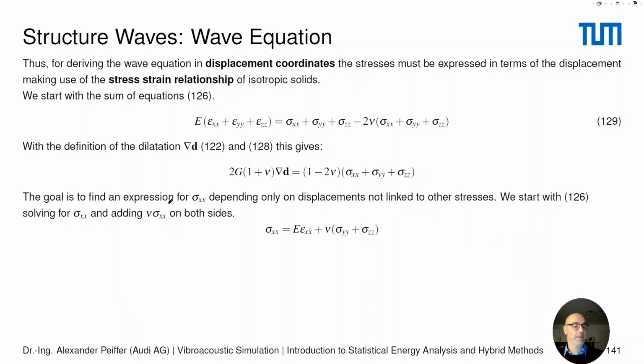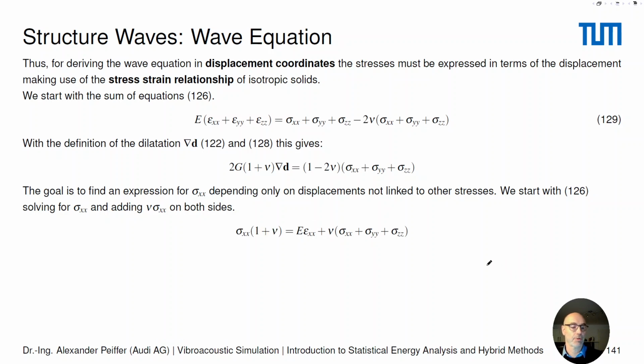Now we would like to find an expression for sigma x, and we start with the left side of 126 again, which was this expression. Just remember that's the Young modulus, Hooke's law corrected for the solid material of the constraints. We solve this for sigma x, and then we add the term nu sigma x on both sides, and we get this expression here.